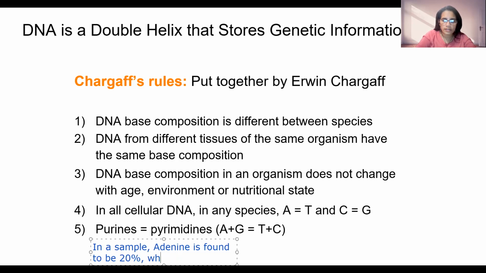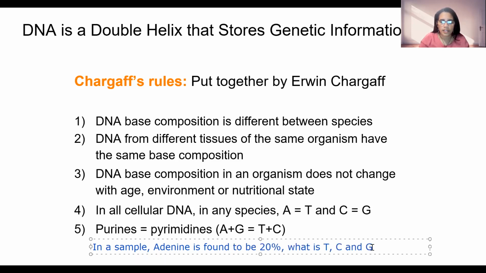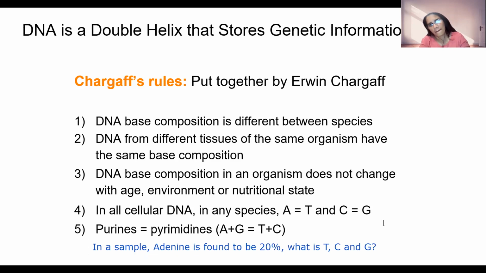If you can do this, then you got at least one of the assignment questions. What is T, C, and G? How would you find this for me? And if I'm missing something, you should tell me. So if I give you just the adenine in a sample, can you find out what is thymine, what is cytosine, and what is guanine in the sample?